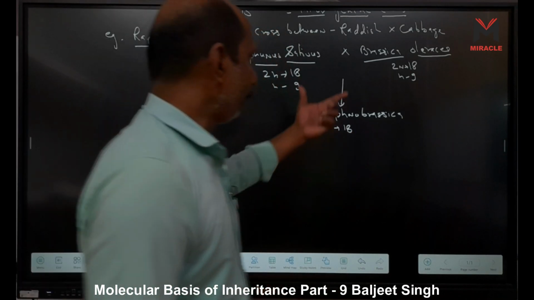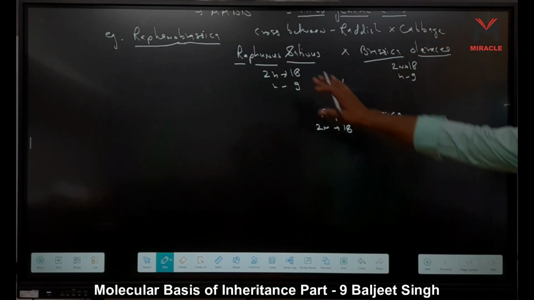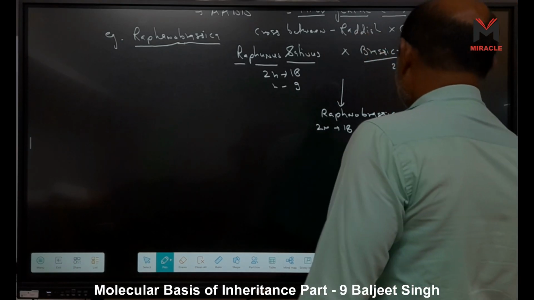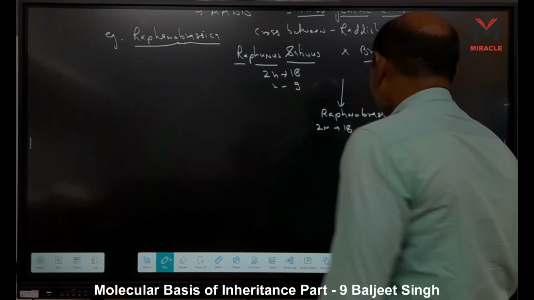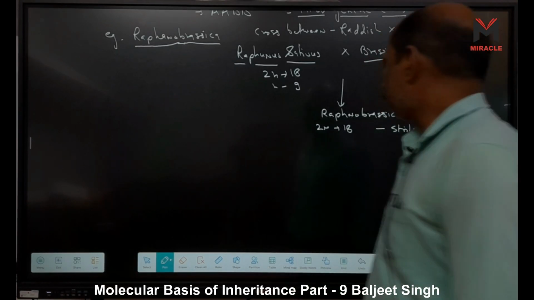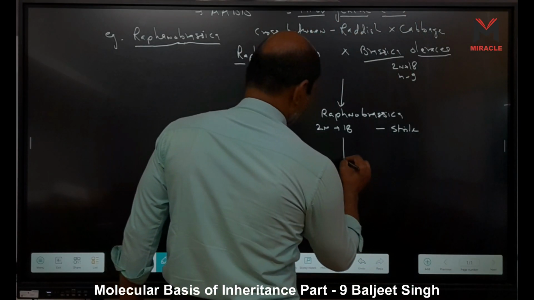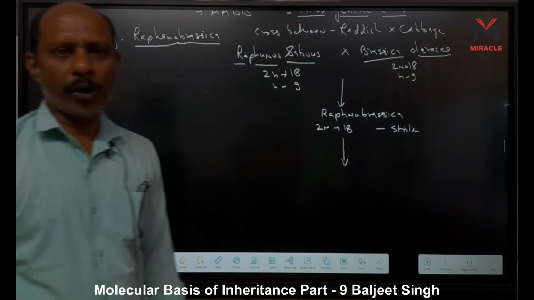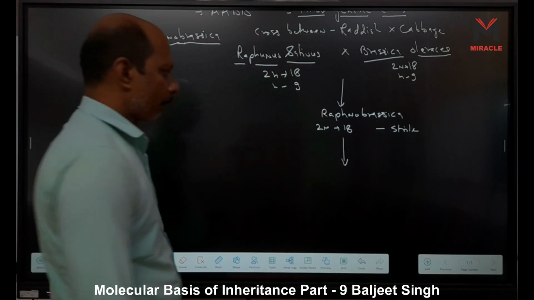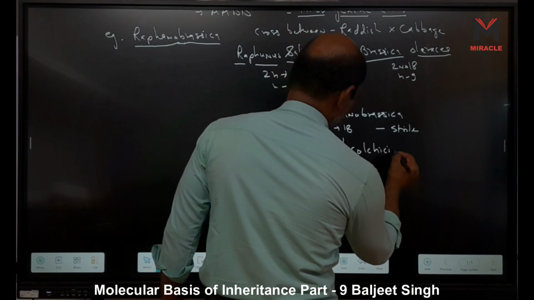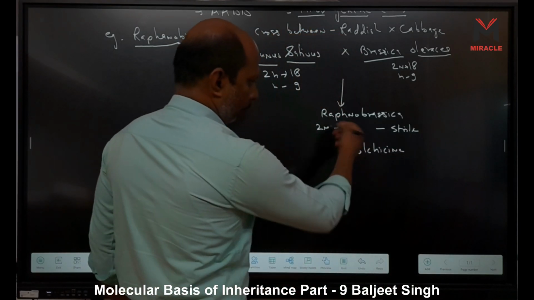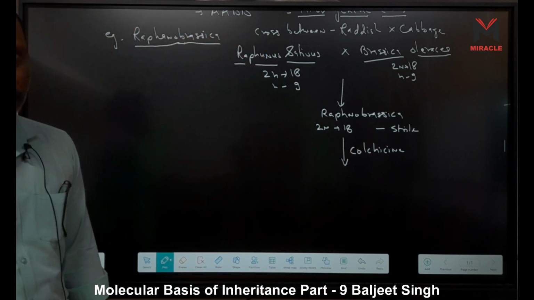But because it comes from two different genera, it is sterile, not fertile, right? Then what happens? By using colchicine, you know colchicine is the poison of mitosis, right? Here when we use colchicine, we get another polyploidy stage.